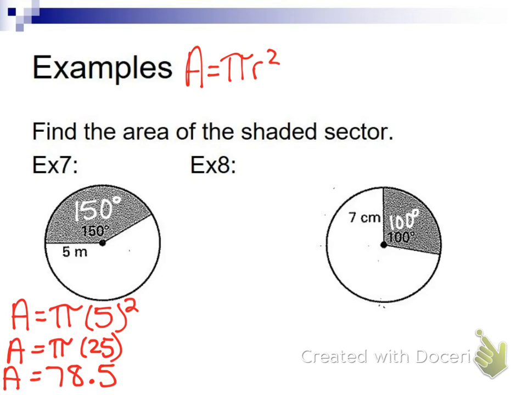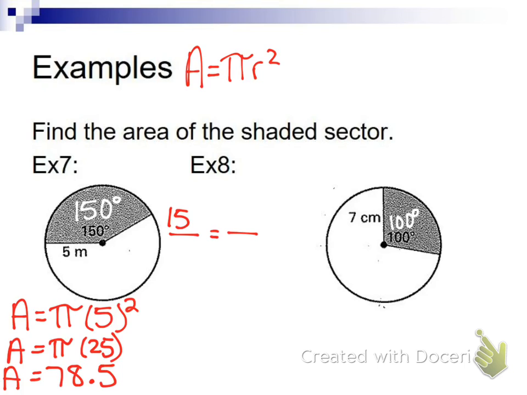Yeah. Okay. So then, once we have that, we set up our proportion that we need to solve. So the proportion starts off with the degree of our sector. So we found the area of the whole circle. Now we need to set up that proportion. So remember, a proportion is two fractions set equal to each other. It says that we need the degree of our sector. What is it? 150.